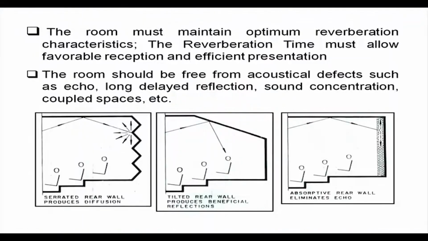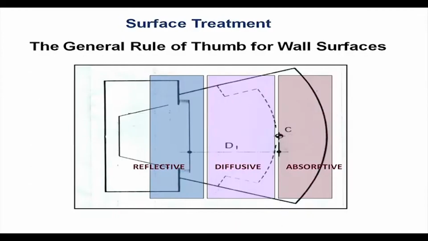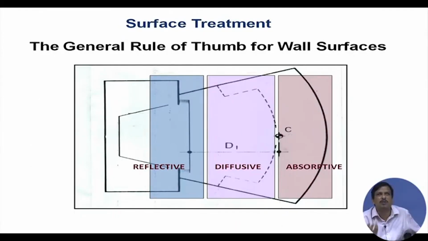But after that, we put some acoustic styles, which is an acoustic diffuser, so that it creates a diffuse reflection. But the rear part of the auditorium we should treat as totally absorptive. That means the material whose absorption coefficient is very high should be put in the rear part of the auditorium.